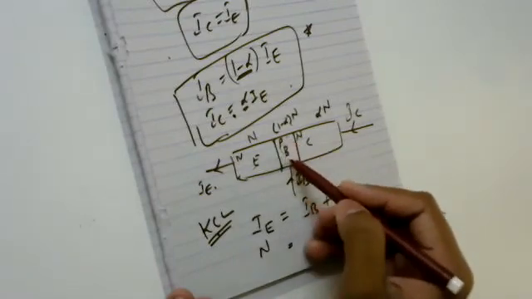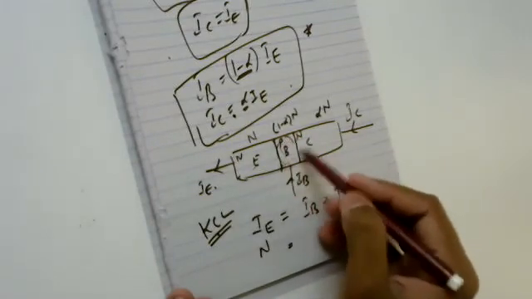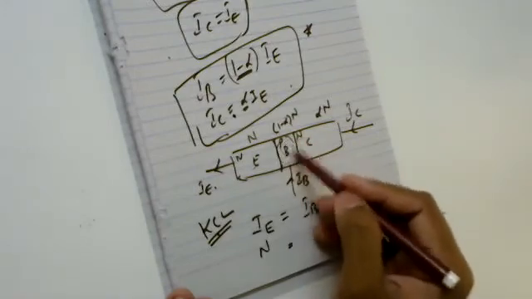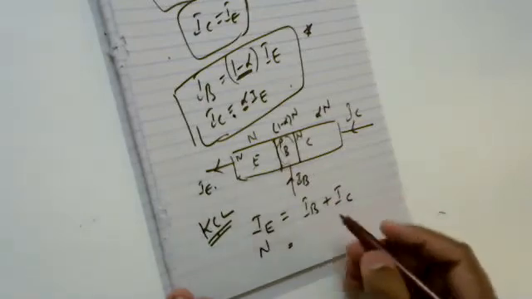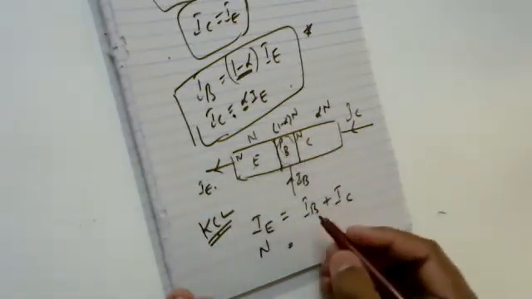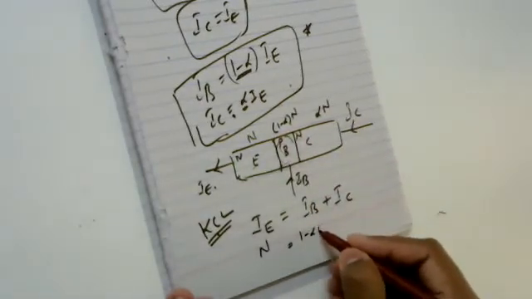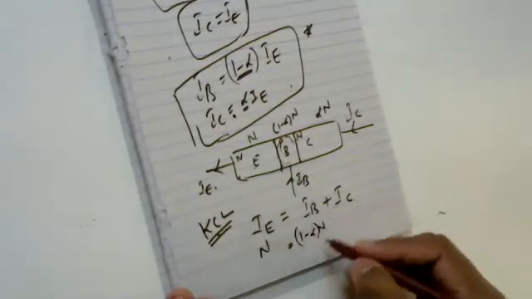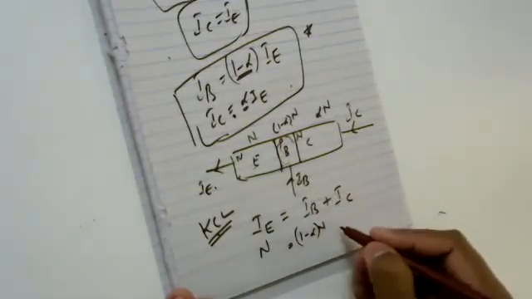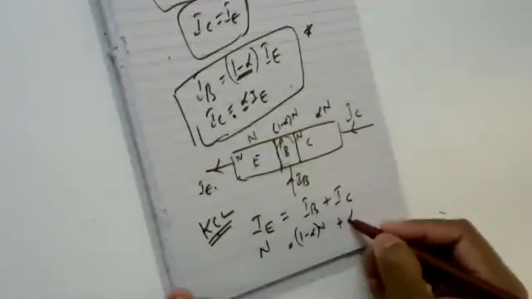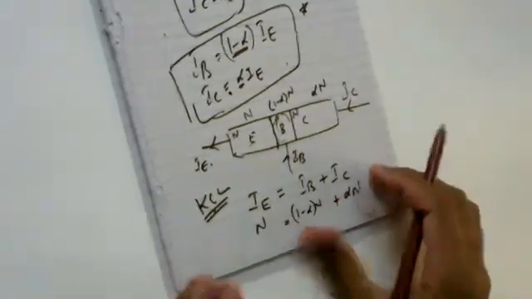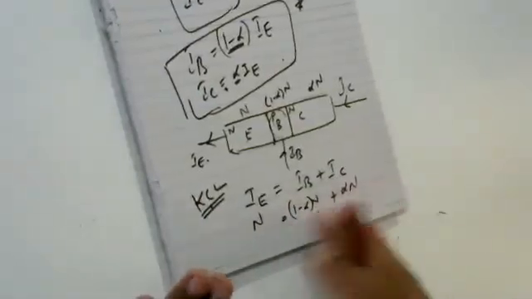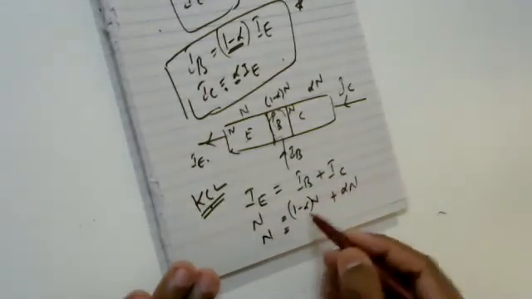Because of less doping and less space, because the width of our base is small, if 1 minus alpha n electrons are seen on the base side, then naturally alpha n will be the electrons seen on the collector side.